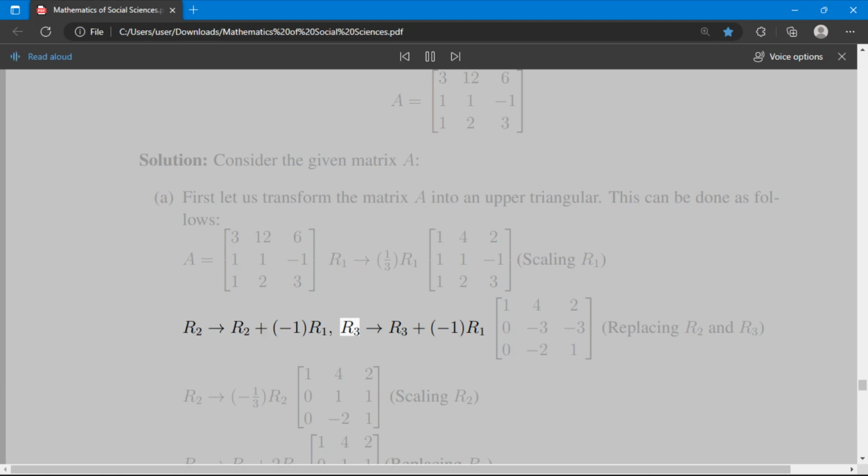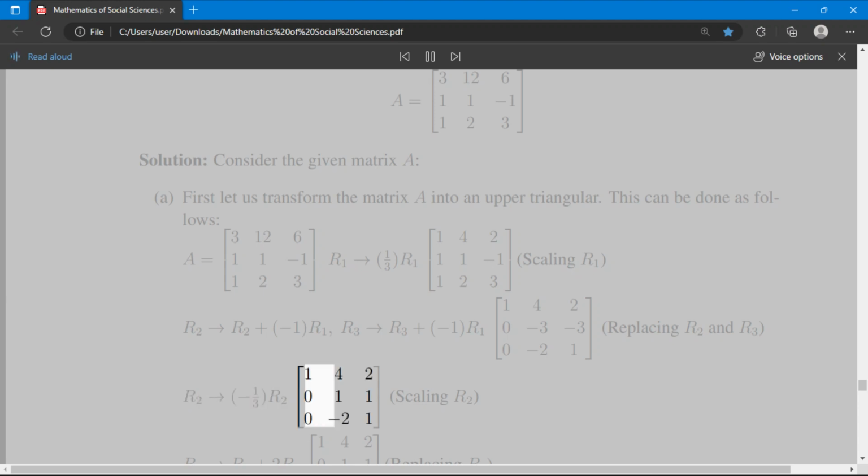R2 rightward arrow R2 plus (-1) R1, R3 rightward arrow R3 plus (-1) R1 gives 1 4 2 0 -3 -3 0 -2 1. Replacing R2 and R3.